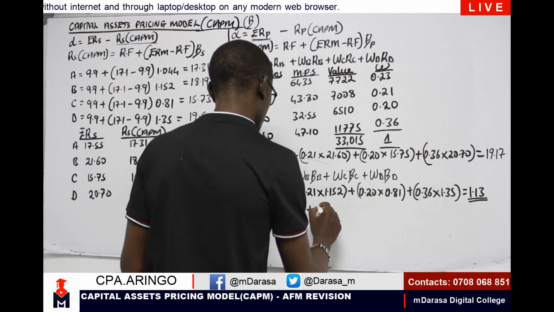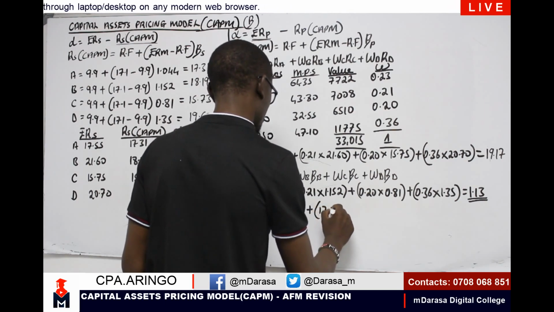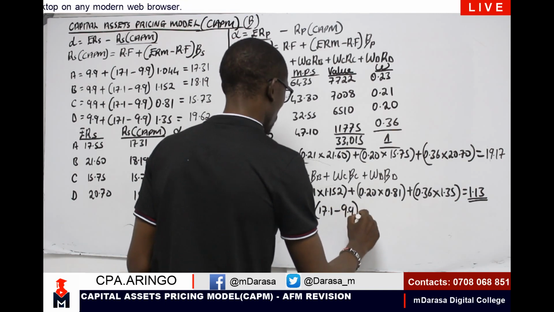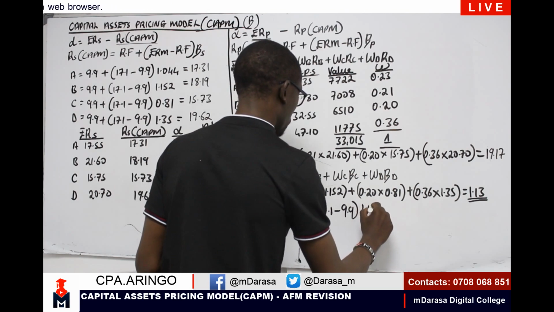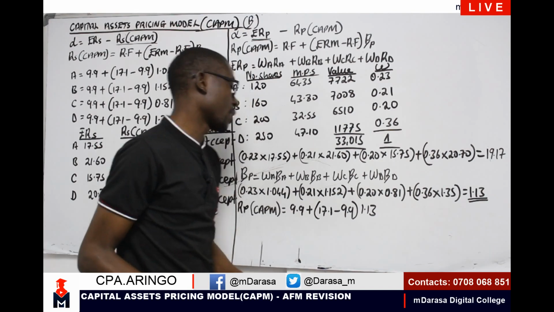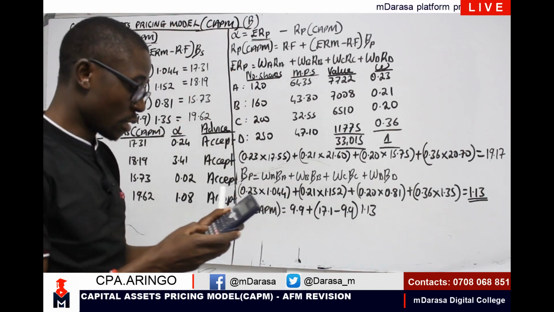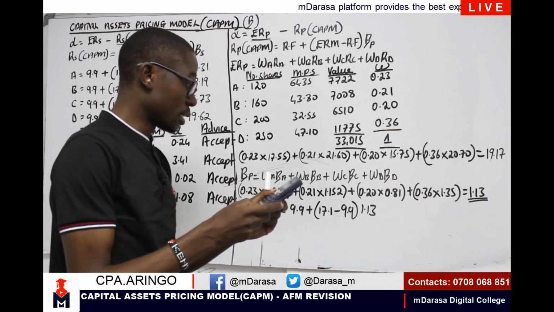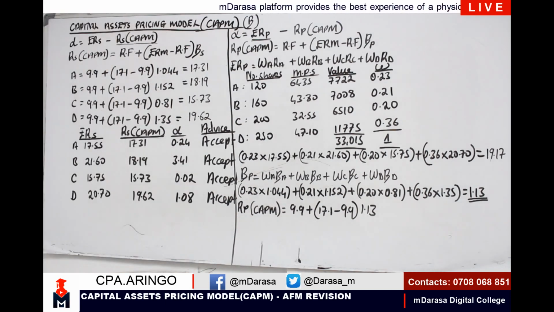We add expected return of the market, which will not change, 17.1 minus our risk-free 9.9. We multiply now by our beta of the portfolio, which we have determined to be 1.13. So I should be talking of 17.1 minus 9.9 times 1.13, 8.136.